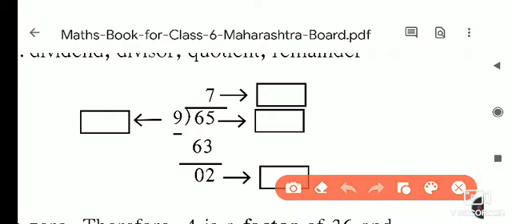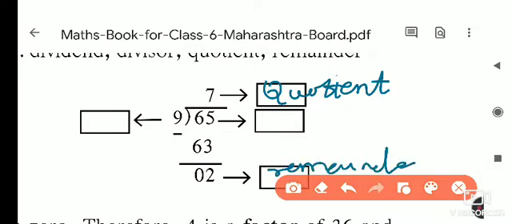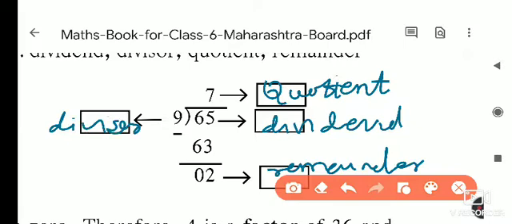So in this question 7 is called the quotient, 2 is the remainder, 65 is the dividend, and 9 is the divisor. If we keep this in mind, it is easy for us to find the LCM and HCF of given numbers. So note down all of this, the first example and this one also.